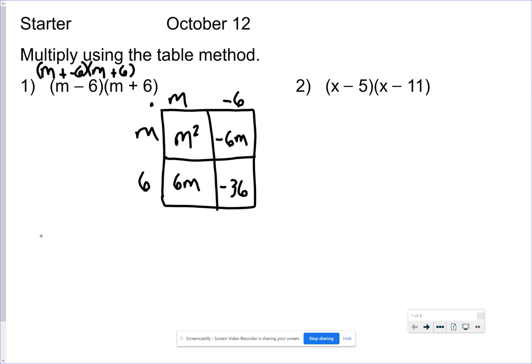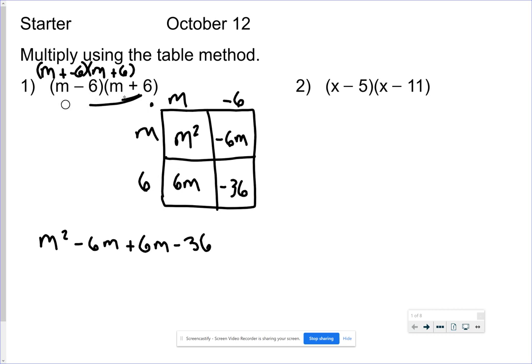And so our product is m squared plus negative 6m, which we'll just write as subtracting 6m, plus 6m, and plus negative 36. Now notice what we've done is we've taken the m times the m times the 6, and we've also done the negative 6 times the m and the negative 6 times the 6.